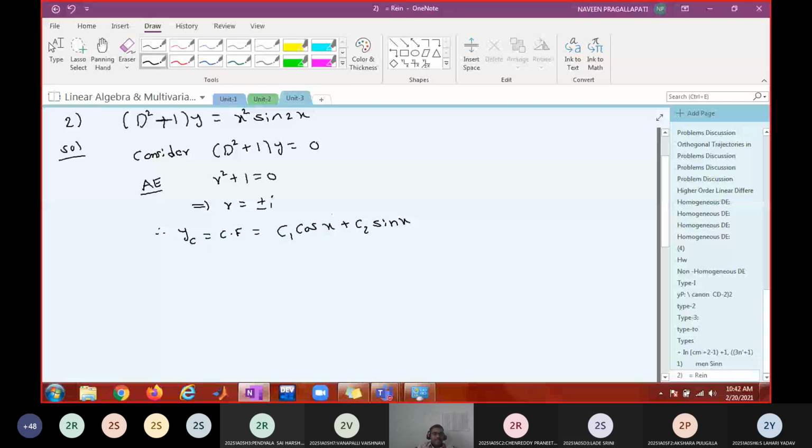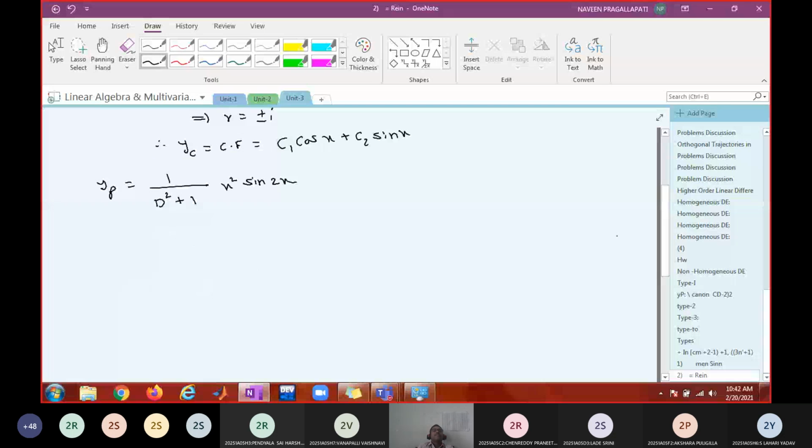So particular integral. What is particular integral? 1 by d square plus 1 of x square sin 2x. So tell me how to do this problem.